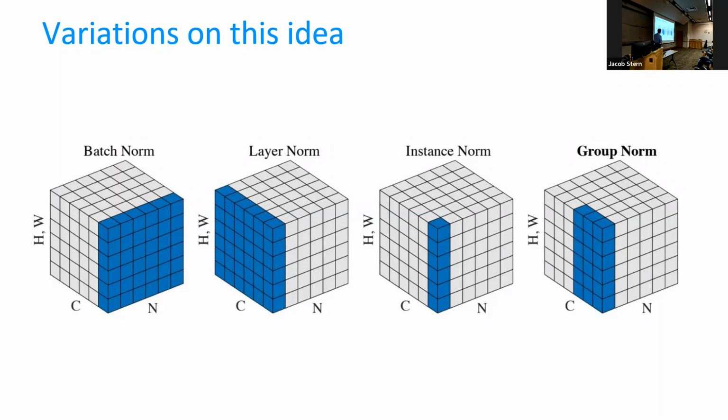And so we take the mean across the batch and divide each element of that tensor by it. There are other variations of this where we can normalize across channels, or normalize across only height and width, or other slices of that tensor.